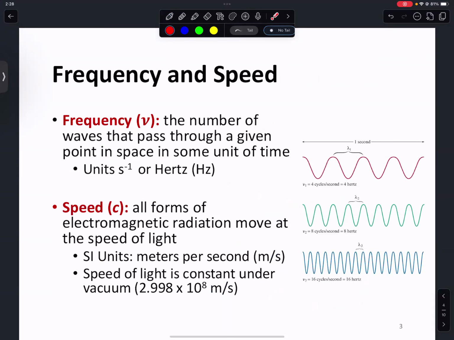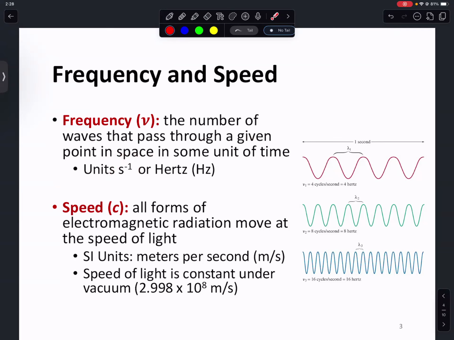Now, related to the components of the wave, we can also talk about frequency. Frequency is the number of waves that pass through a given point in space in some unit of time. The units for frequency are either second to the -1, or per second, 1/seconds, or hertz.